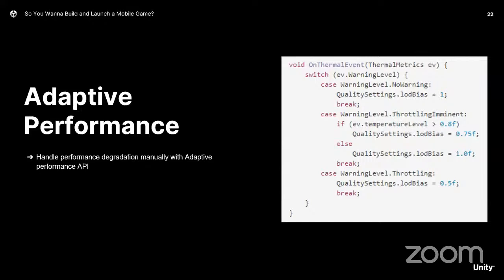What's happening here is that the game is actively changing the LOD bias based on your temperature level. What that does is basically reduce the complexity of your game, just to adapt to the changes in your device, in your hardware, so that you can keep the performance of your game at an optimal level, right? So it doesn't dip in frame rate as much.